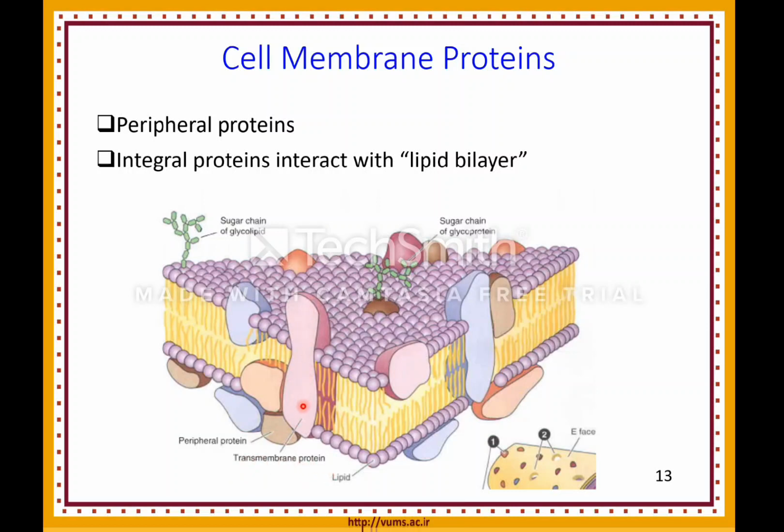As you see here in this schematic picture, the transmembrane or integral proteins interact with both layers of the lipid bilayer, and mostly they act as a carrier or transporter in the cell membrane. But the peripheral proteins are located just in one layer of the phospholipid, in the outer layer or inner layer, that gives asymmetry to the cell membrane.